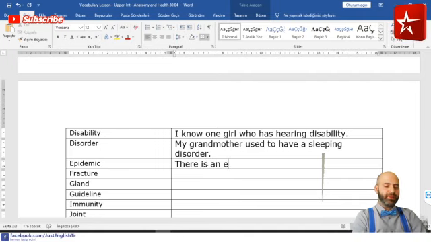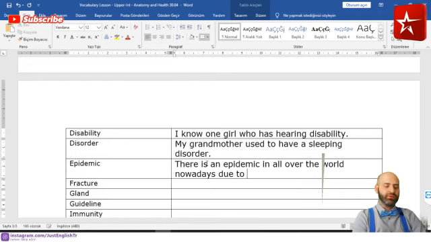There is an epidemic all over the world nowadays due to coronavirus. All the world fight against COVID. This is epidemic. Yes, this is epidemic. Actually, it was epidemic 2-3 months ago. Now it is pandemic. Epidemic is before it starts and when they think that something will spread. This is the time when they use epidemic.